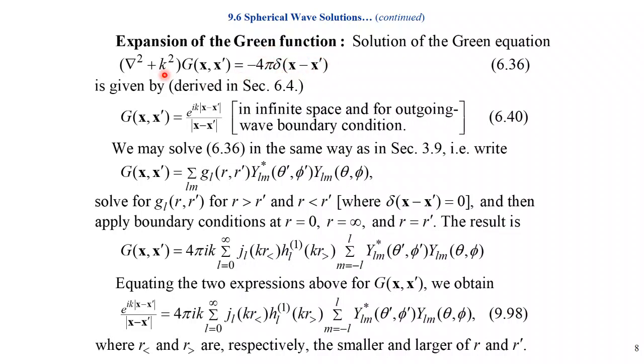Therefore, once we can solve this equation, then we can solve for the Green function. And with this one, we can use these properties to calculate all the sources. How to do that? Looks simple, but actually it's not that easy. Before, we did not consider this one. But now we will consider a value k squared.